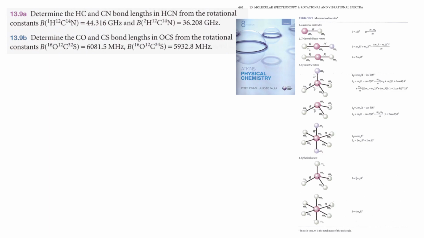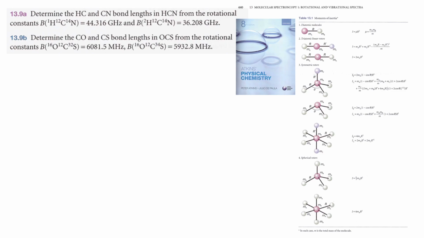They say determine the HC and CN bond lengths in HCN hydrogen cyanide from the rotational constant B of this particular 1H 12C 14N, which is 44.316 gigahertz, which is 10 to the power 9 hertz, and the deuterium one.